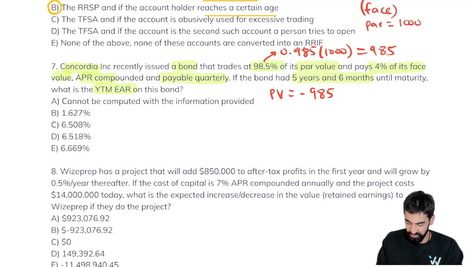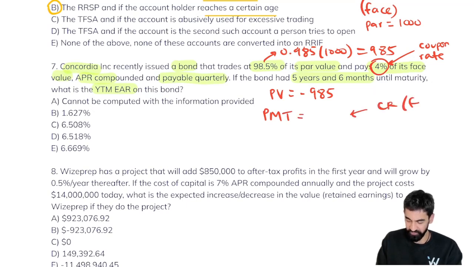And it pays 4% of its face value. That means that is the coupon rate. So if that's the coupon rate, then how can I find the coupon payment? For the coupon payment, you can take the coupon rate times the face value divided by F. F is the number of payments per year.